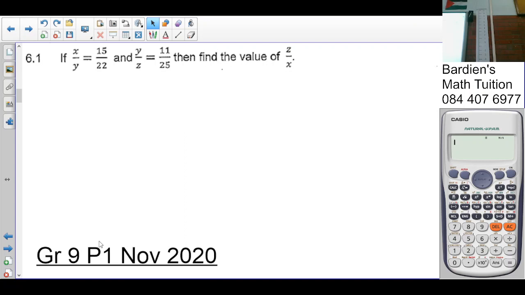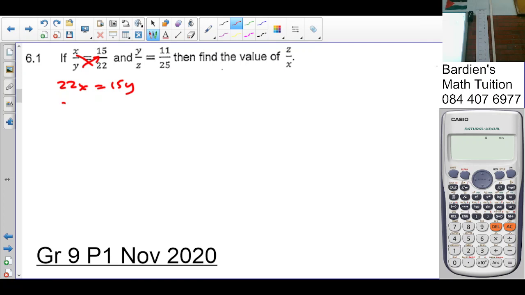The question says if x over y is equal to 15 over 22 and y over z is equal to 11 over 25, find the value of z over x. So what I'm going to do is make x the subject of the formula in one equation. So I'm going to cross multiply here. So it's 22x is equal to 15y.